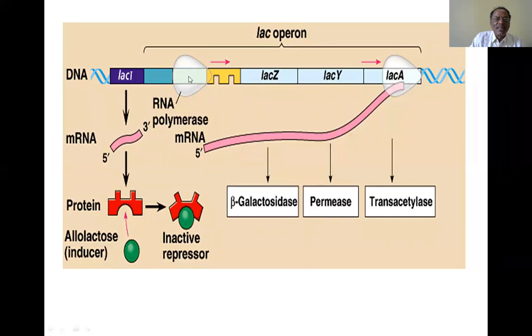That is how RNA polymerase is freed, and all these genes are transcribed, producing these three proteins. Ultimately, they digest and metabolize the lactose. So this is a nice control: whenever the material is there, the genes are transcribed and proteins are produced.